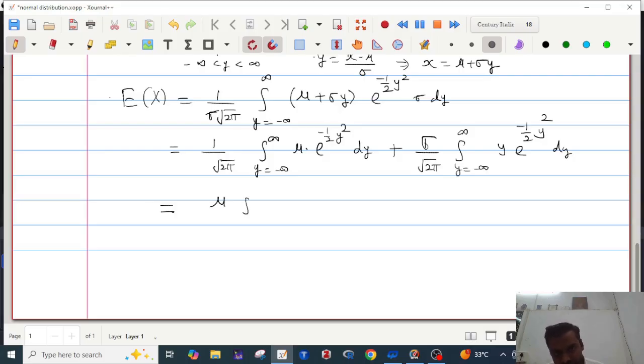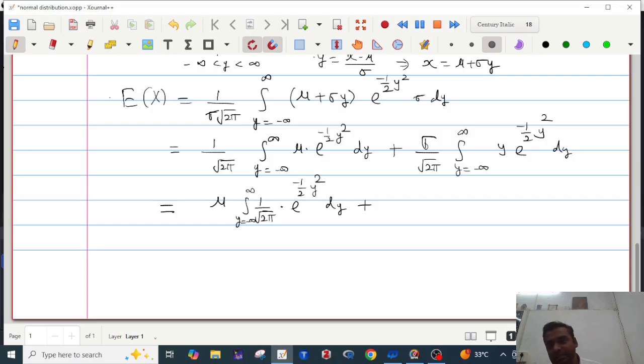I will take this 1 upon root 2 pi inside this integration. Why so? We will discuss. Y starts from minus infinity to infinity, e raised to minus 1 half y square into dy plus.